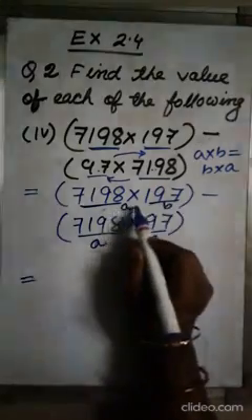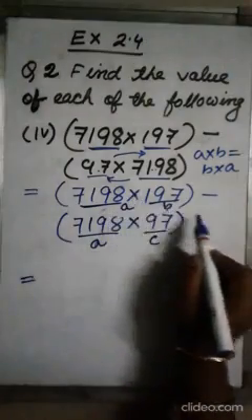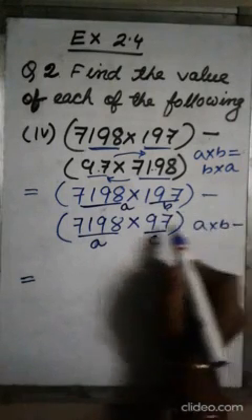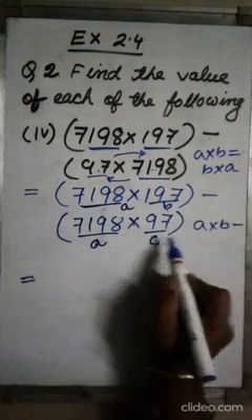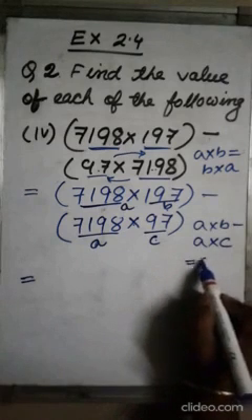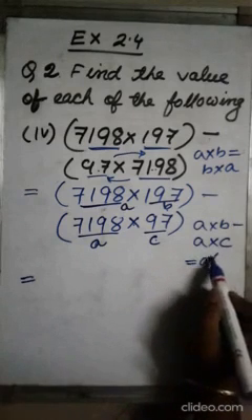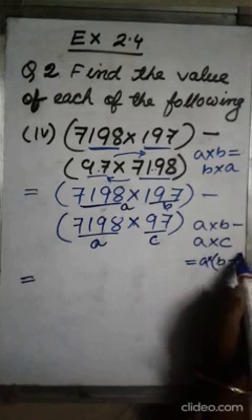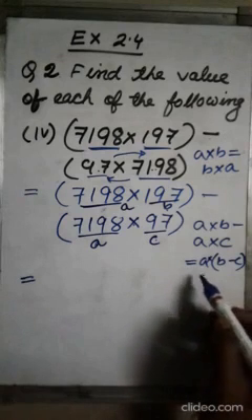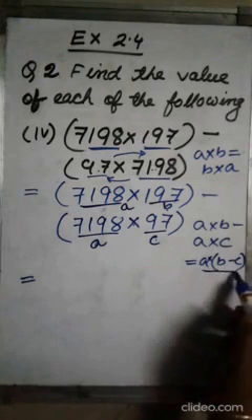I can see here A into B minus A into C, which is equal to A into B minus C. This is distributive property of multiplication over subtraction.